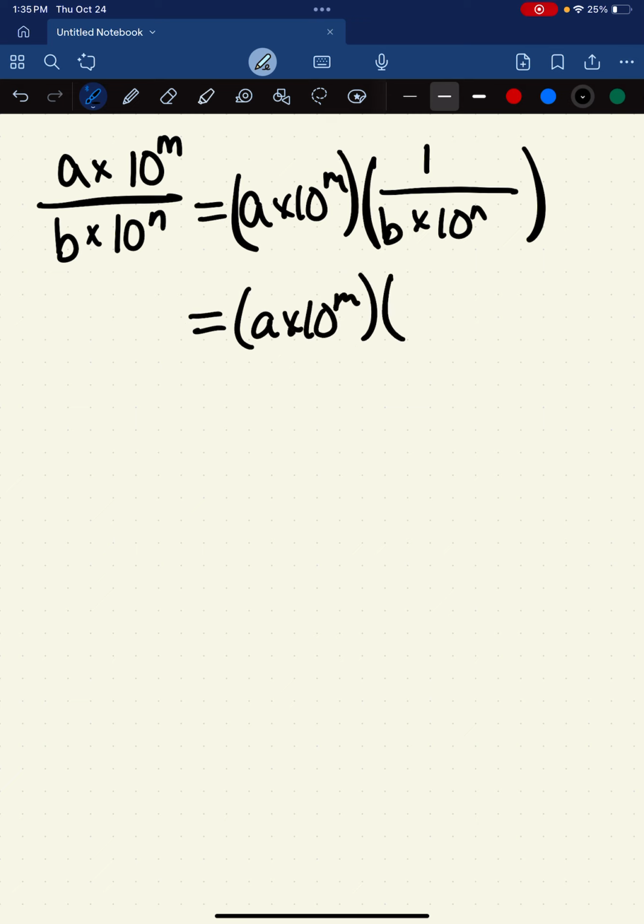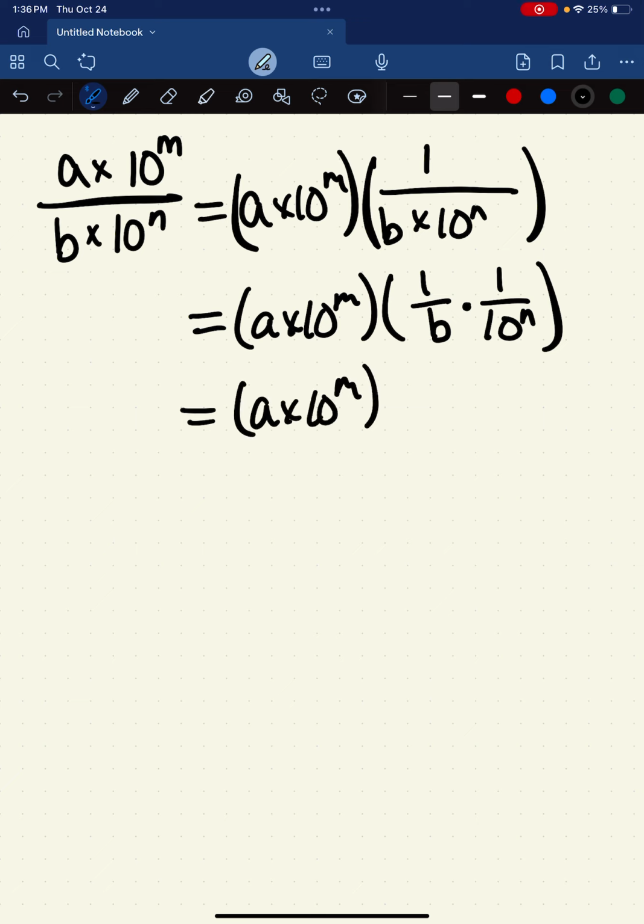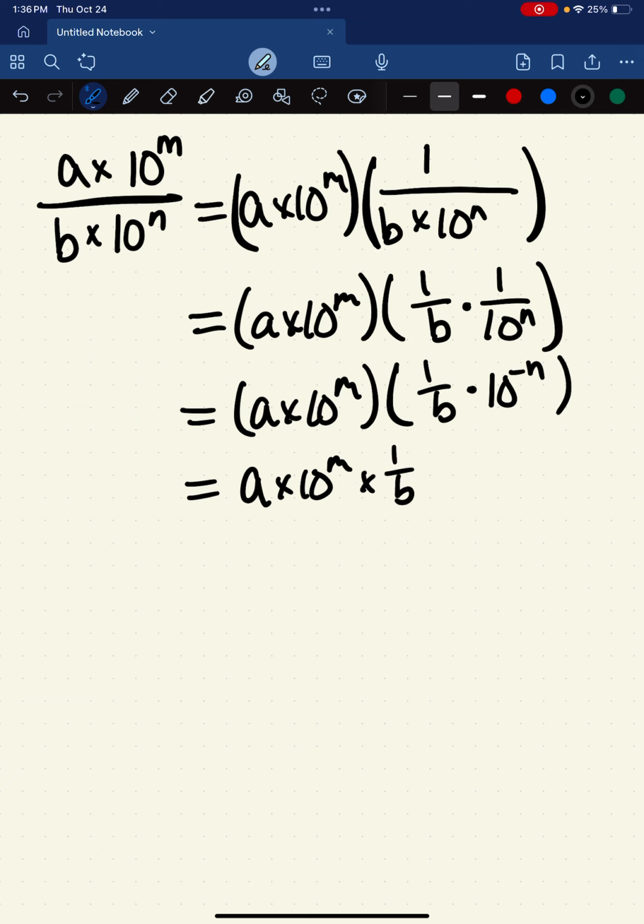Well, that's the same thing as 1 all over b times 1 all over 10 to the n. One more thing here: 1 all over 10 to the n is 10 to the negative n, right? So using the associativity property, we can drop the parentheses.